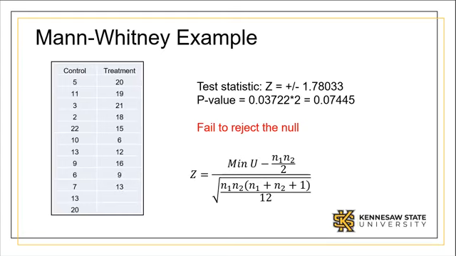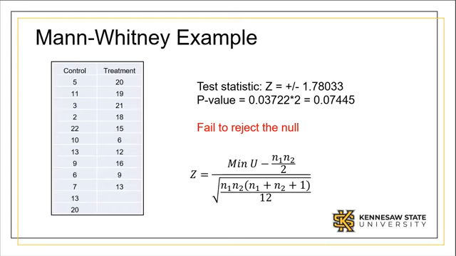Let's consider this example. We have two independent samples, a control group and a treatment group. We wish to determine if the medians of the two groups are different. Assume alpha is 0.05. Using technology, we get a test statistic of plus or minus 1.78033.